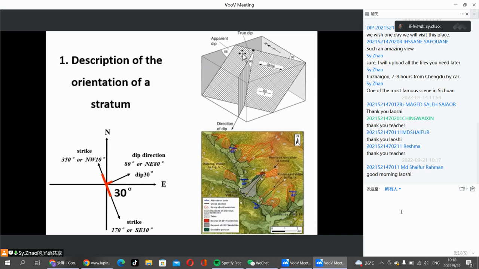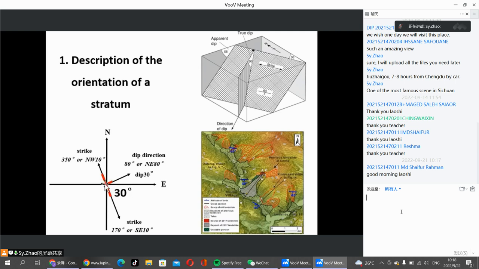For example, this is a dipping surface in three-dimensional space, and the dip is the angle in degrees below the horizontal. We usually label the value of this angle just beside the symbol.